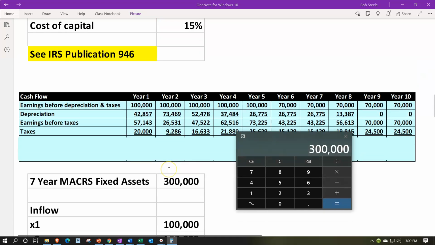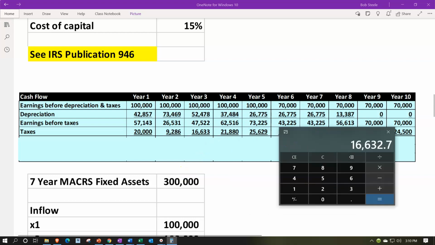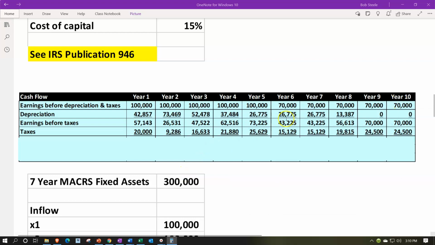So then the taxes would be calculated on the income that we got here. The tax rate we're saying is 35%. So we would simply take whatever we have there, the 57,143 times 0.35, giving us about 20,000. Then in year 2, 26,531 times 0.35, giving us 9,286. And then we take the 47,522 times 0.35, which gives us 16,632, and so on and so forth for the taxes.